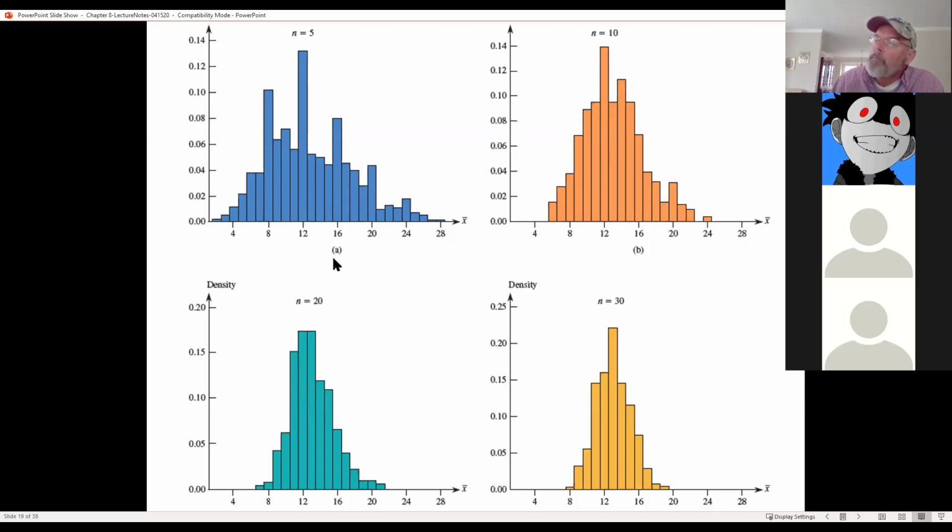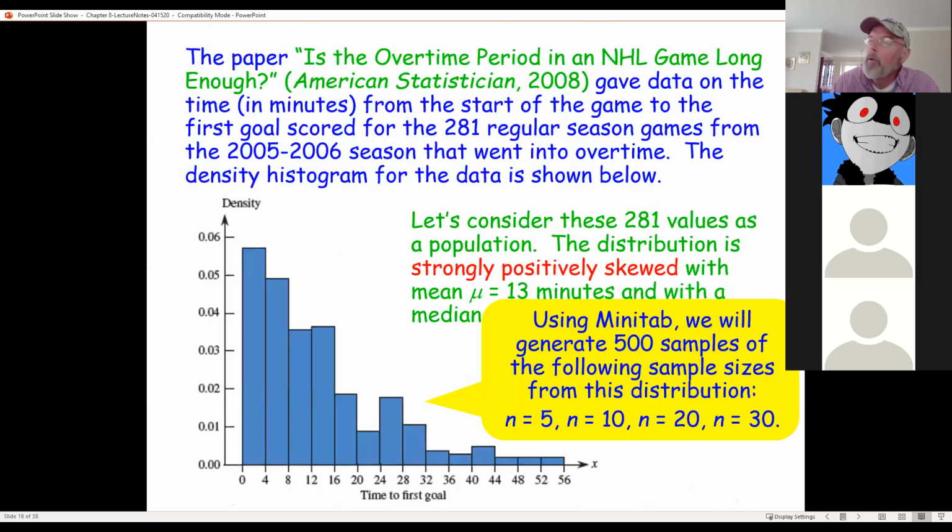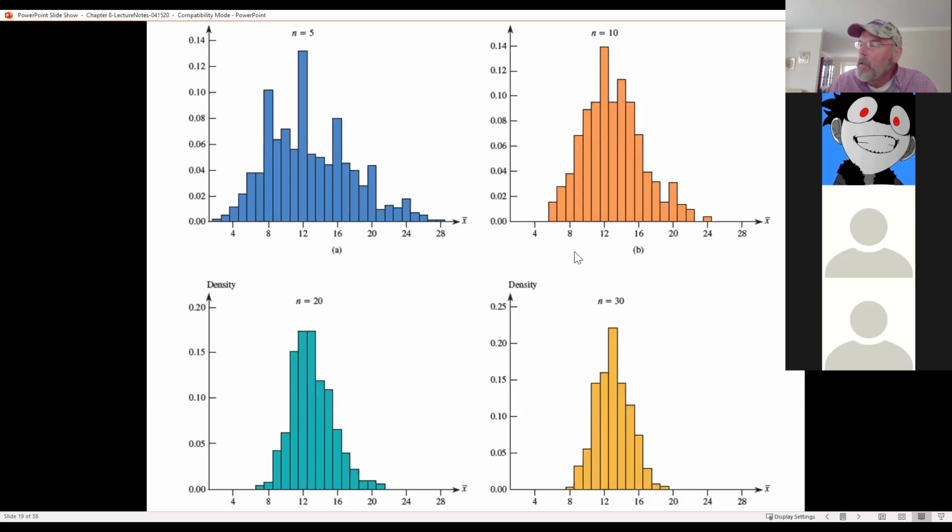At 20, you still see a hint of it, but by 30, you're certainly seeing a symmetrical distribution. Would you agree? Yes. This is quite remarkable, that this skewed population could produce a symmetrical distribution at a sample size of around 30.